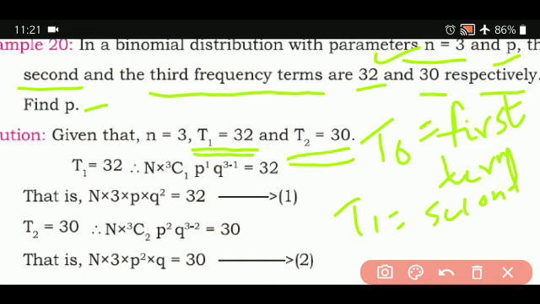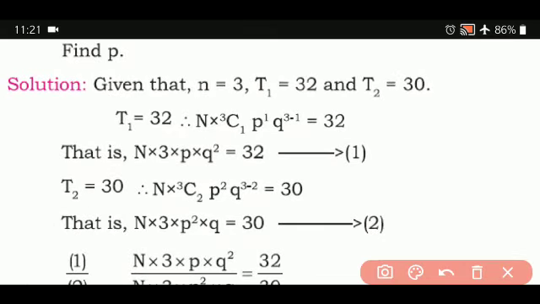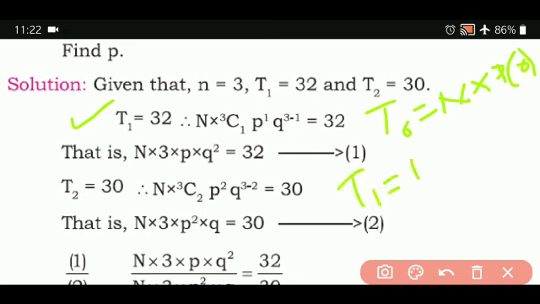And how do we write this? Given T1 is equal to 32, what is the formula? T0 is N into P0. Similarly, T1 will be N into the probability that x takes 1. So that is what we have split up here and written. Capital N is here.